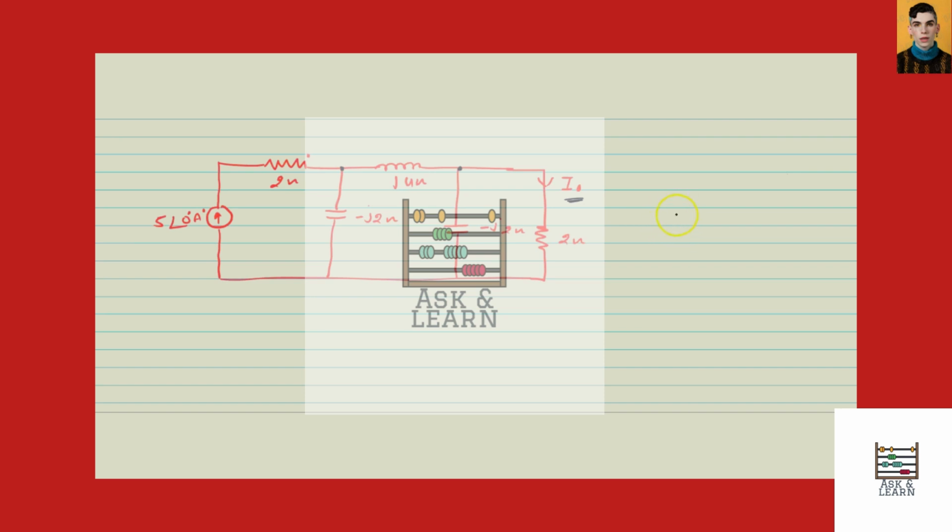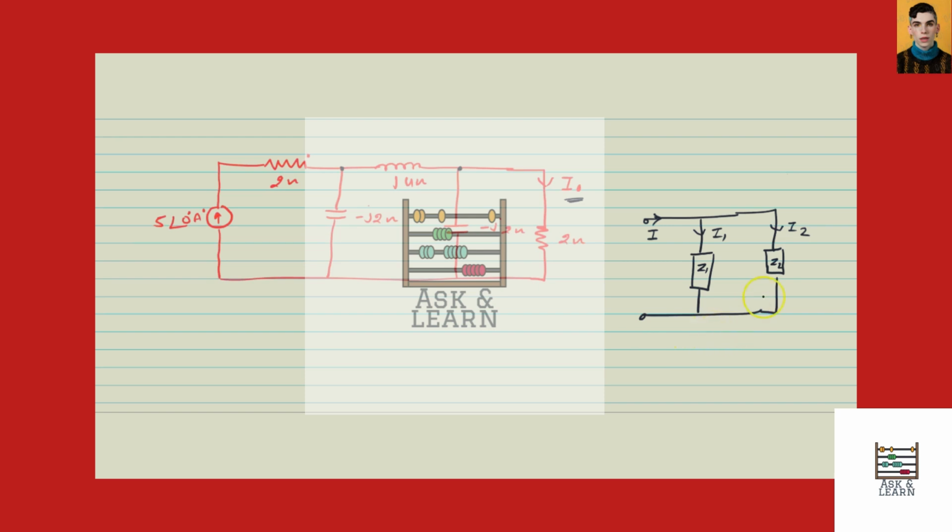Now, what is the current division rule? The current division rule says that if two branches are connected in exact parallel and a current I is flowing in this branch, assume this is Z1 and this is Z2, total current I, current across Z1 is I1, current across Z2 is I2. Then the current in the branch of interest can be calculated as follows.